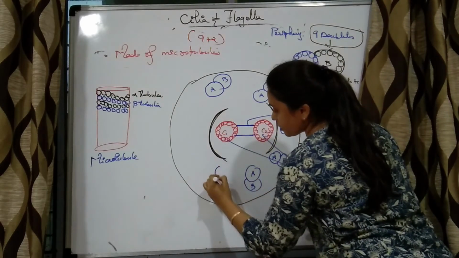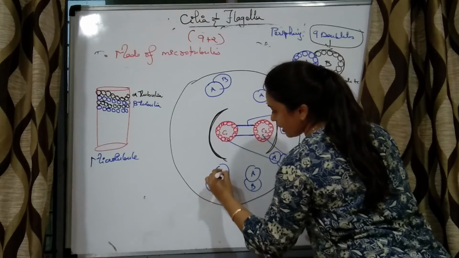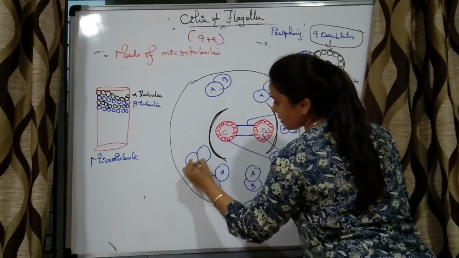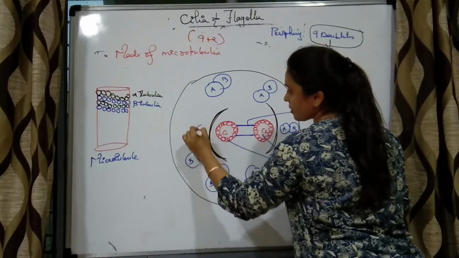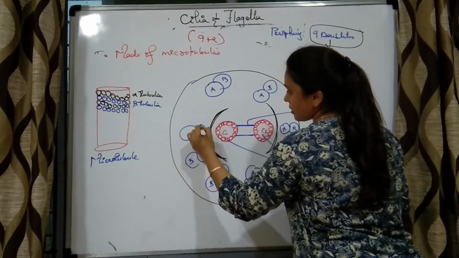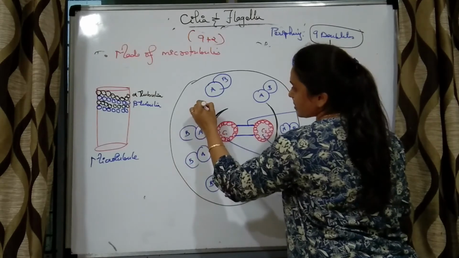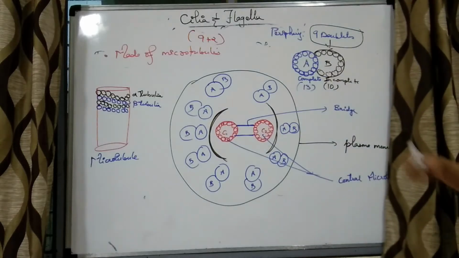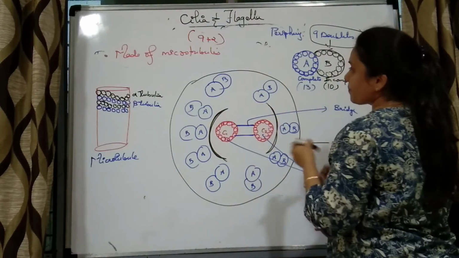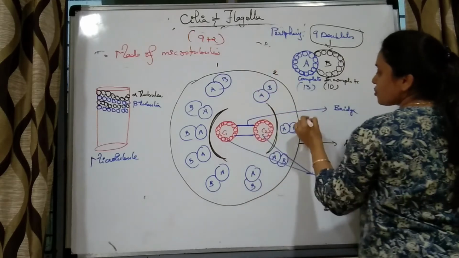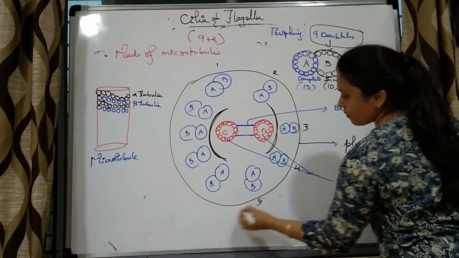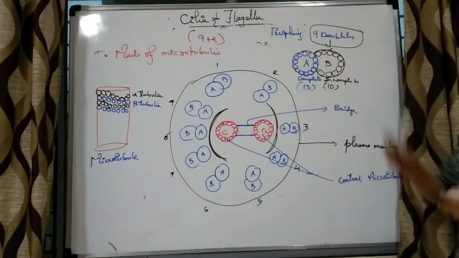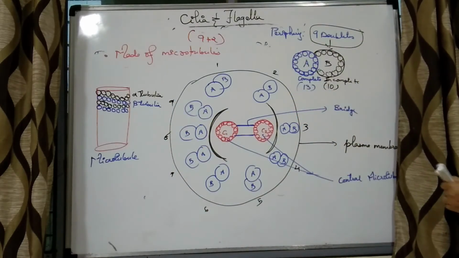This is the 6th one, A and B. This is the seventh one, A and B, 8, A and B, and this is the ninth one, A and B. So let me number it, 1, 2, 3, 4, 5, 6, 7, 8 and 9. 9 doublets are present. Right?